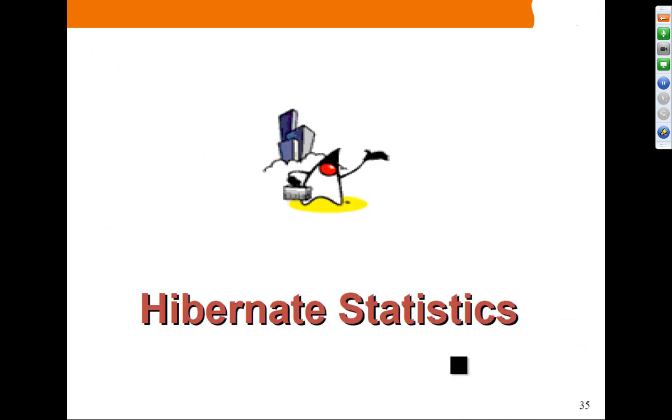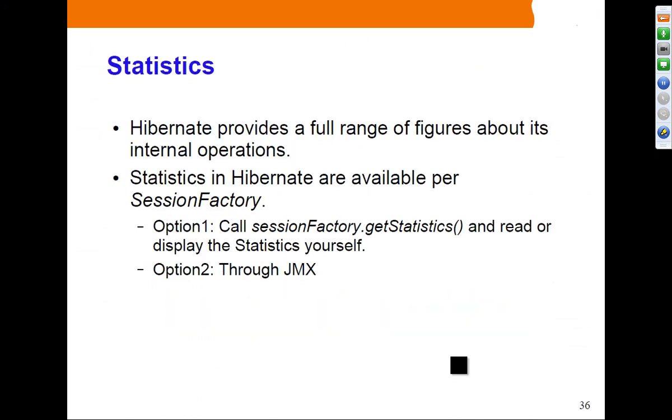Okay, so the last one is Hibernate statistics. Hibernate provides the statistics object. You can call the getStatistics method from the session factory, and then you get the statistics object that captures your statistics. It has a bunch of statistical information.